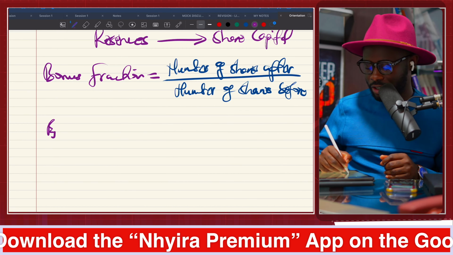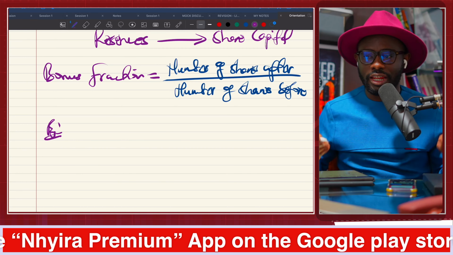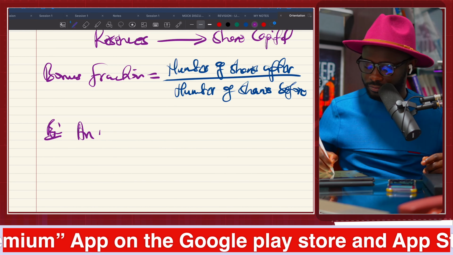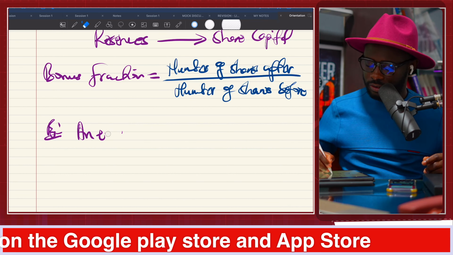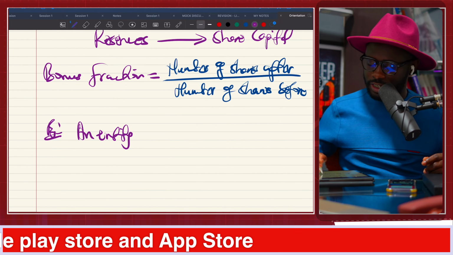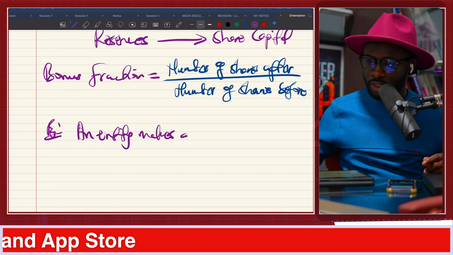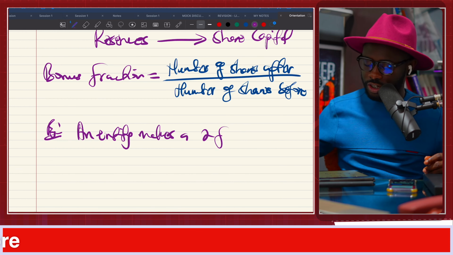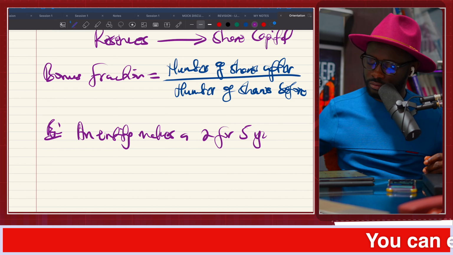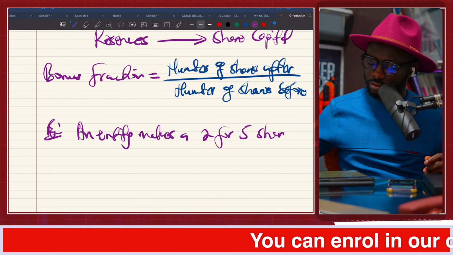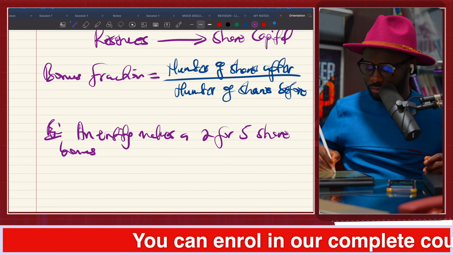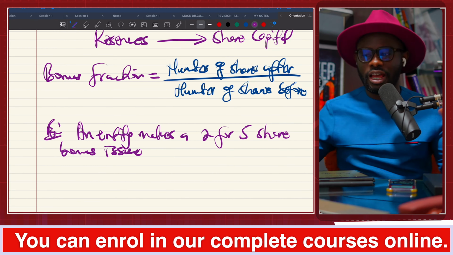So let's say we are told that an entity makes a 2 for 5 shares bonus issue. What does that mean?